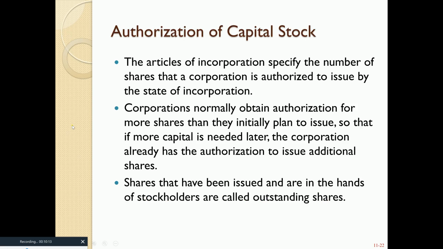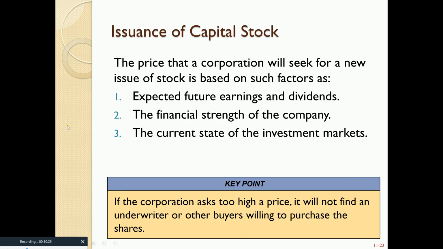That stock has to be authorized, and the articles of incorporation will specify how many shares of stock that company can authorize. The authorization is basically the limit, the top amount that these corporations are allowed to issue. They cannot issue unlimited shares of stock.